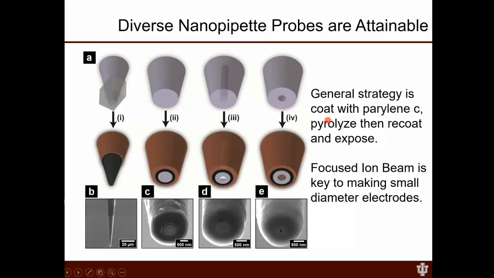You can actually make a lot of much more exotic kinds of tips, and this is an example from a paper that we published, where I show some of the diversity in tips you can make. These tips make use of a capillary. For instance, here we have a capillary that's been embedded in polydimethylsiloxane, and that capillary was coated with a conductive film prior to being embedded.